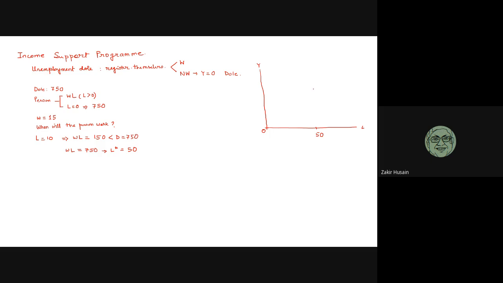What is his income? 750. After that, he might work, yes sir, he will work, right? Yes sir. So if L is more than 50, he is going to work.